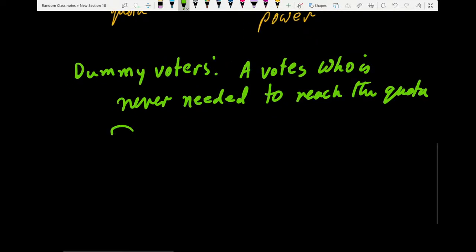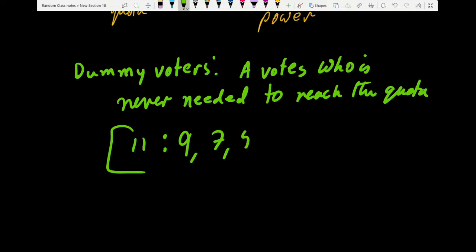So think about this. Let's make the quota 11, and you have, let's say, 9, 7, 5, and the last one is 1. This is essentially the dummy voter.